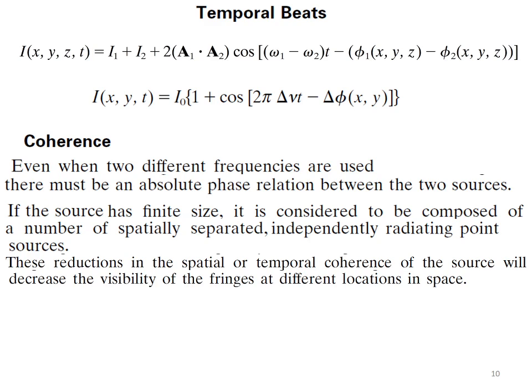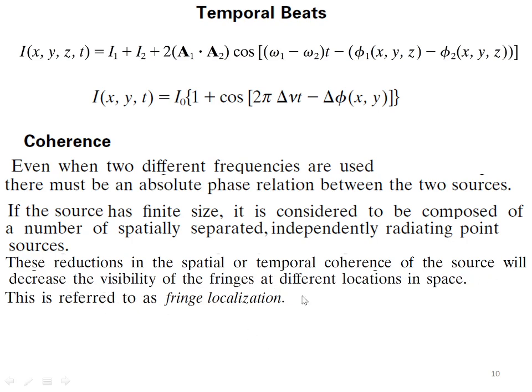So that is why, to see a stable interference pattern on the screen, these spatial and temporal coherence must be satisfied. And if the spatial and temporal coherence is not there, what will happen?